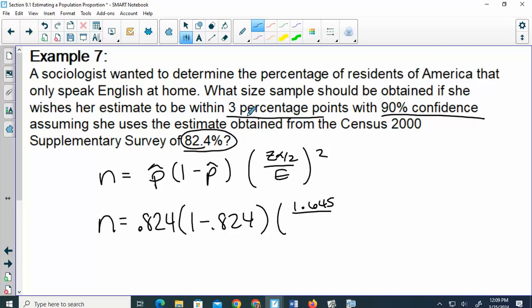Okay, error. How much error am I allowing? 3 percentage points, so 0.03 squared.